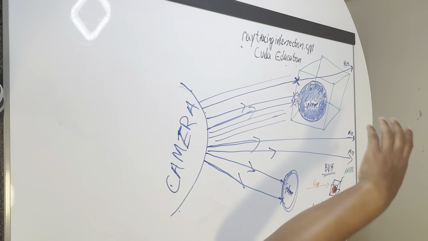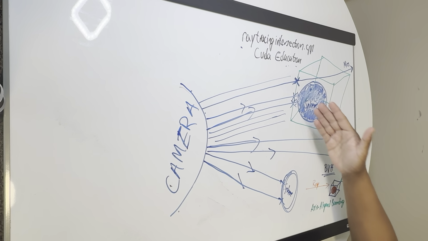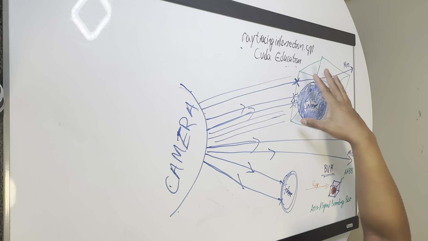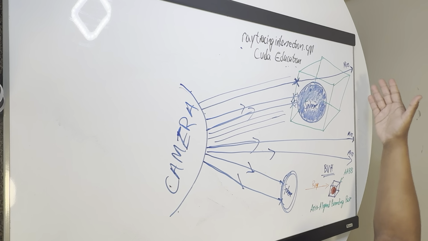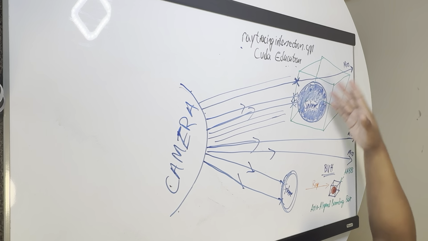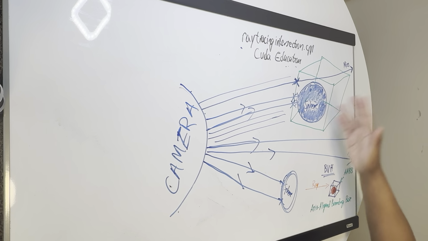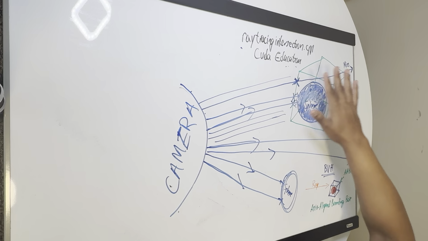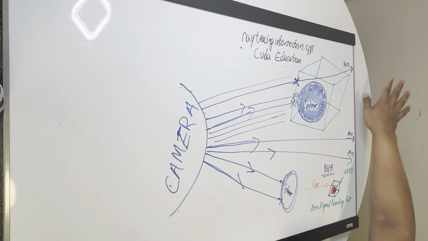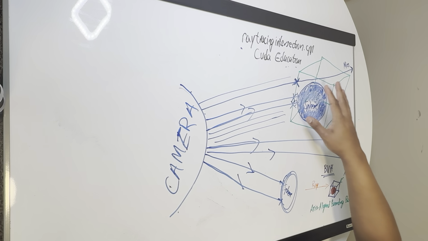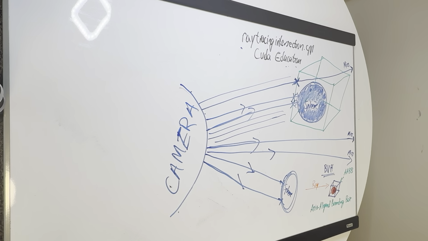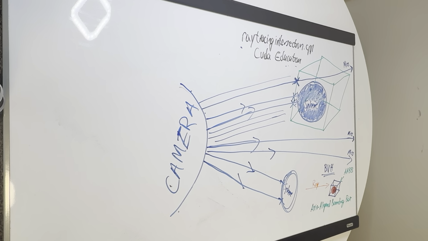Some of the rays that have hit the axis aligned bounding box will ultimately not hit the sphere, and that will be computationally less expensive. But for those that hit the sphere, it's computationally expensive.